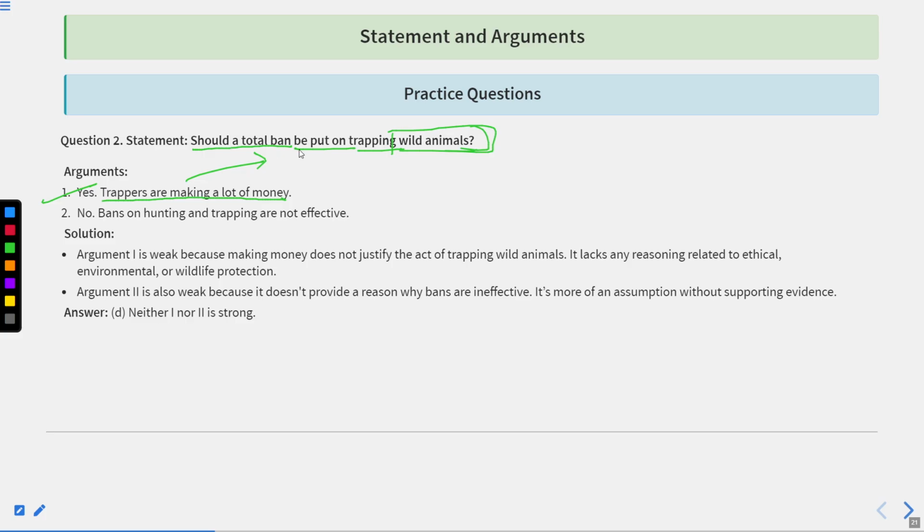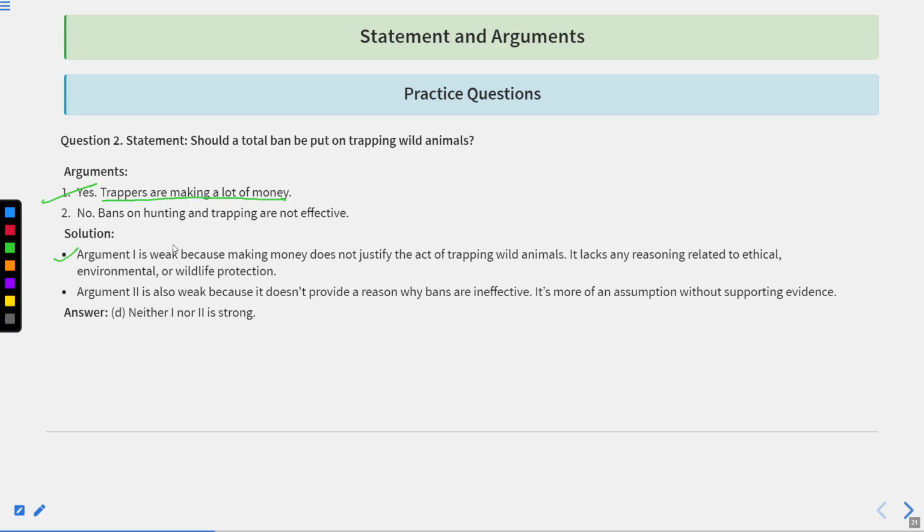Should a total ban be put on trapping what type of animals? Wild animals. Wild animals trapping means the animals which are wild, which are available in the jungle and which are not domestic, meaning not pets. Here we are not talking about dogs or cats, we are talking about lions, hippopotamuses, elephants.